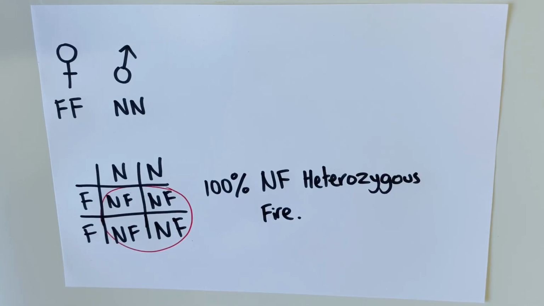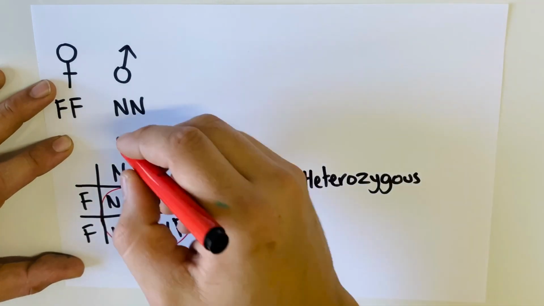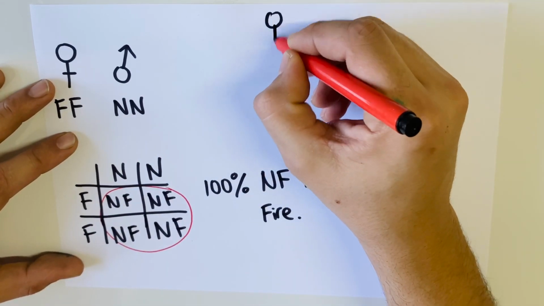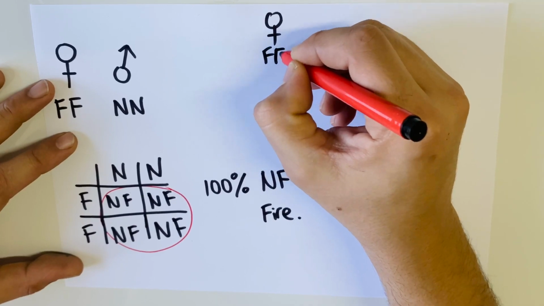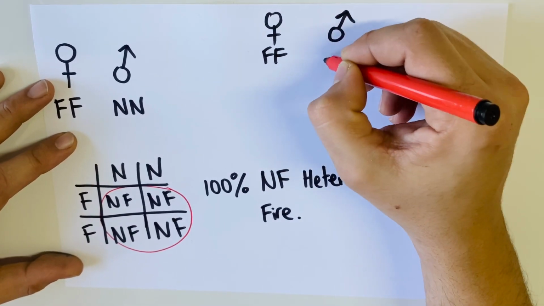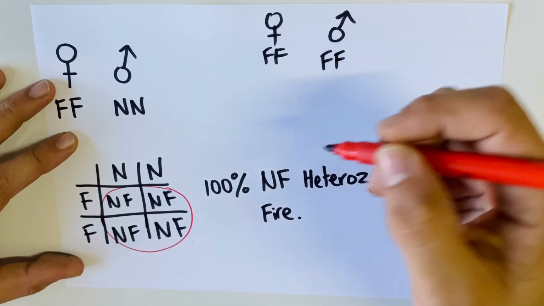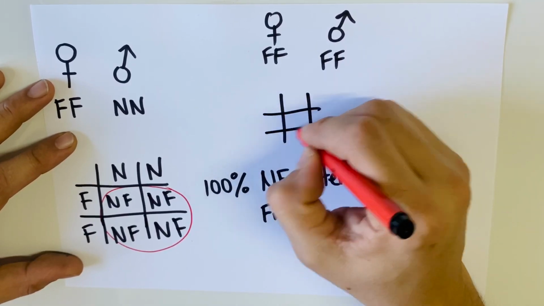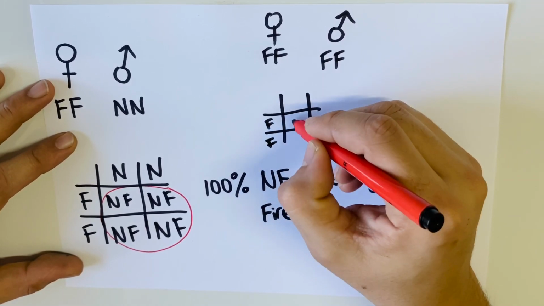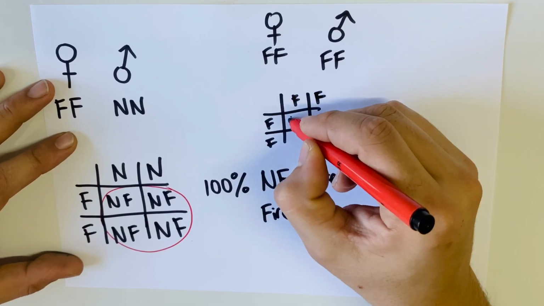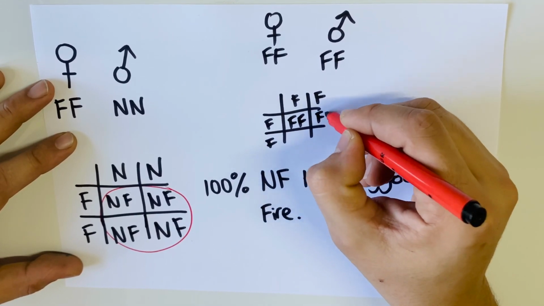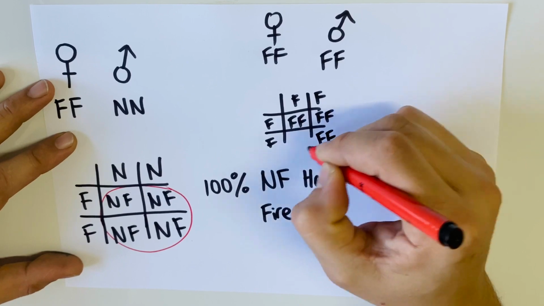Now if you bred 2 supers together, and if we just do it here in the top corner, if we kept the female the same as F, and we change the male to another superfire, then if you do a quick Punnett square, you will notice all of the babies will be superfires.